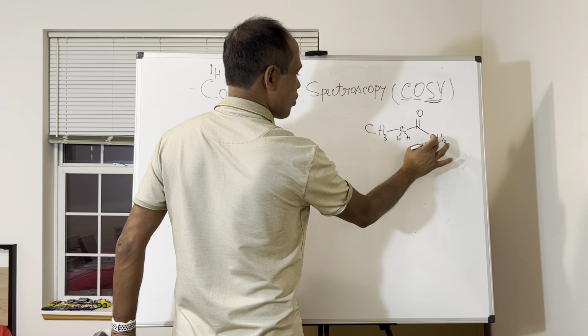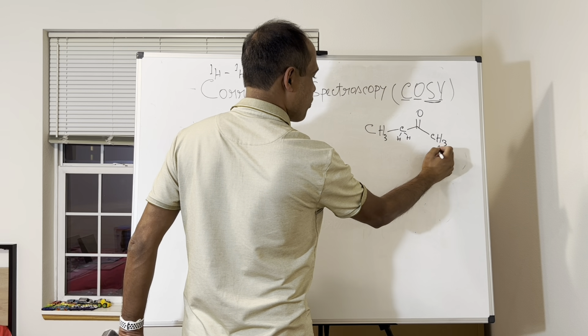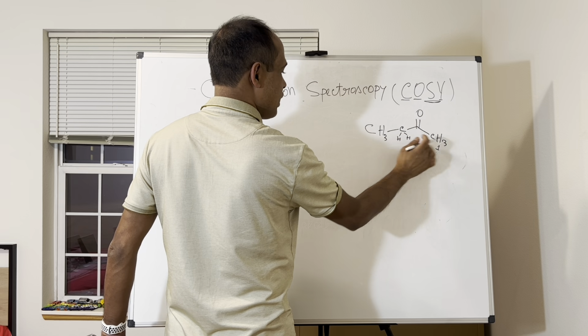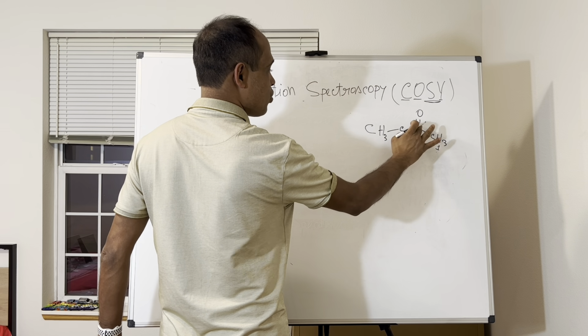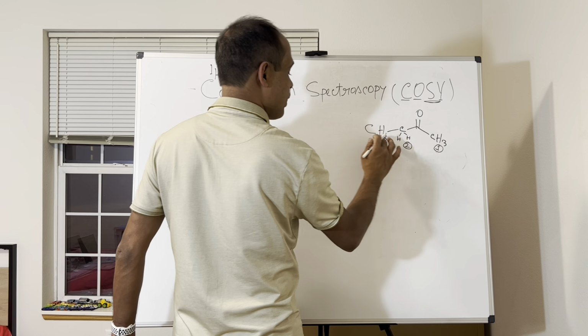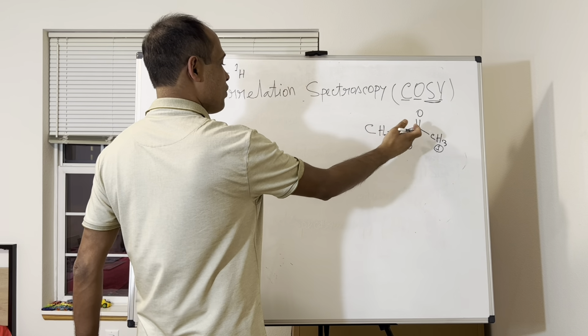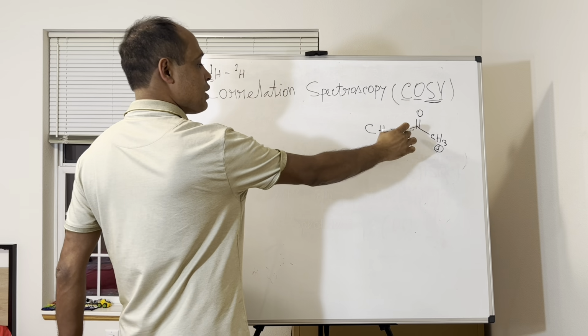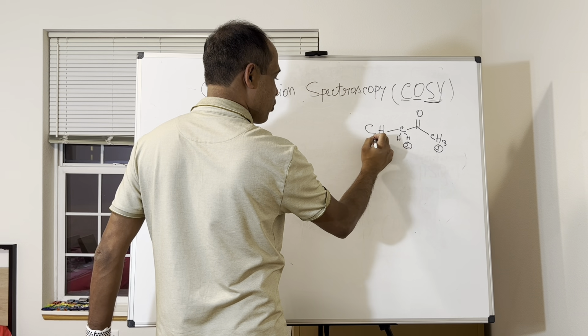This proton is next to the carbonyl group, so this is one kind of proton, and this is CH3, and this is CH2 next to the carbonyl, the second kind of proton, and this CH3 is away from the carbonyl, also next to the CH2, another kind of proton.